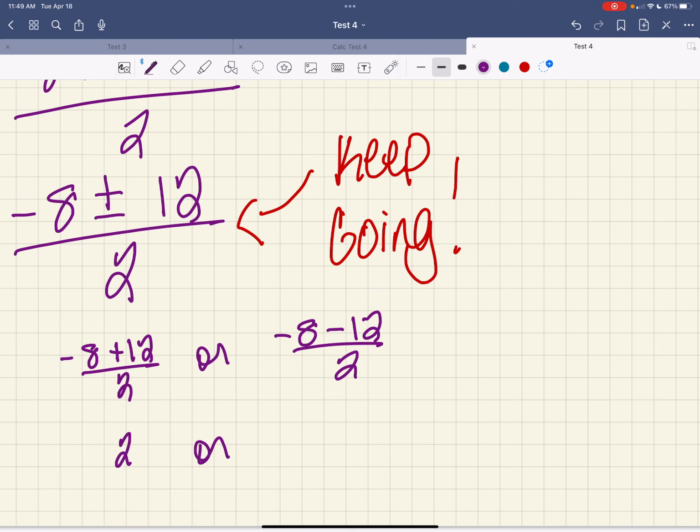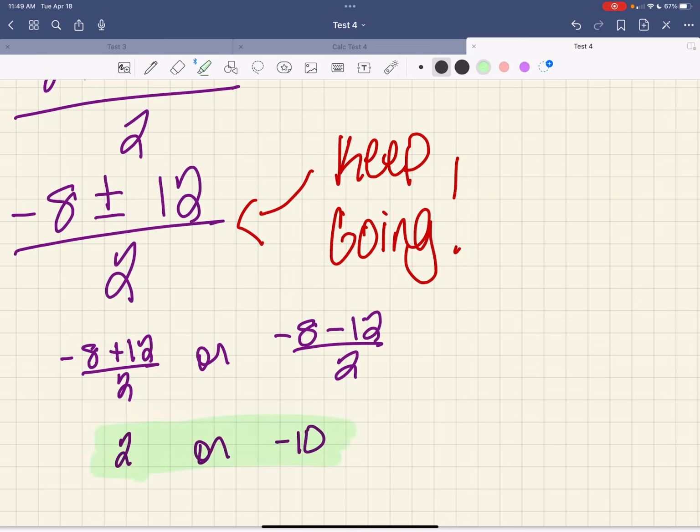Okay? Negative 8 minus 12 is negative 20, divided by 2 is negative 10. So if you can keep going, you need to keep going. Okay? Keep going if you can. So your final answer to that is 2, negative 10.